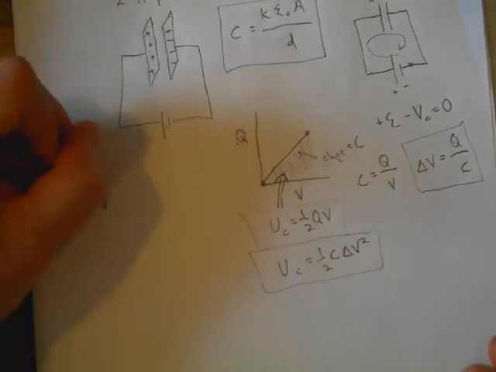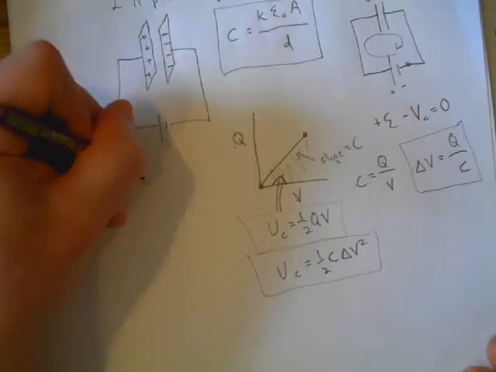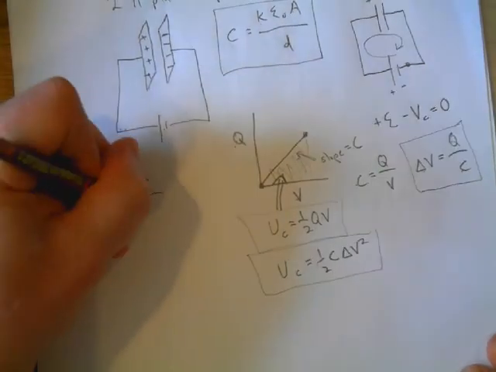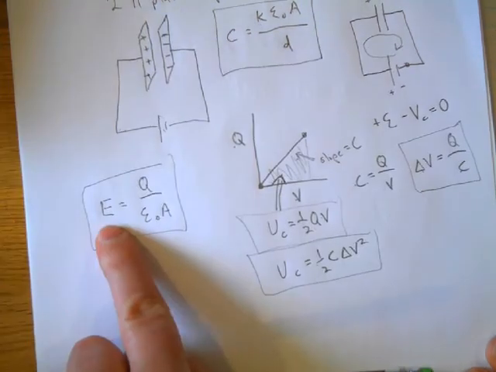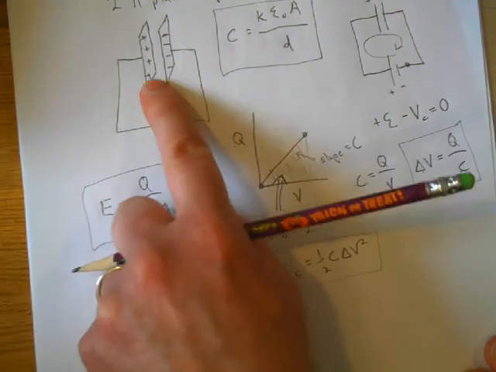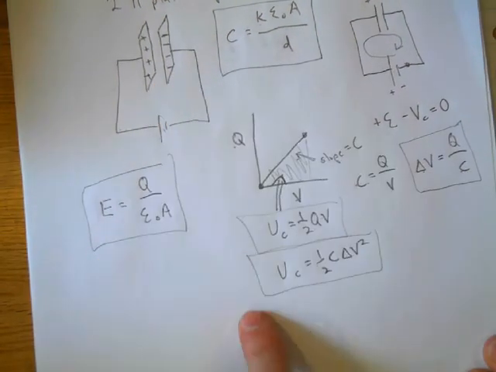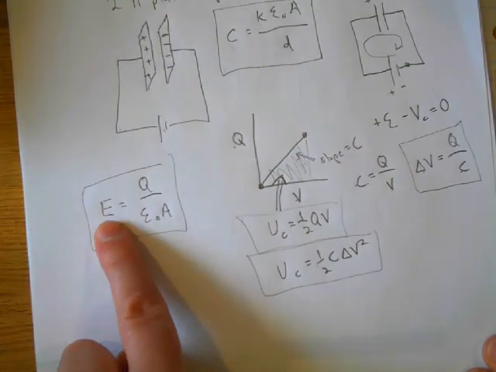Last, this formula is on your equation sheet, and I just want to make sure you understand what it represents. This is the electric field that exists between the plates of your capacitor.